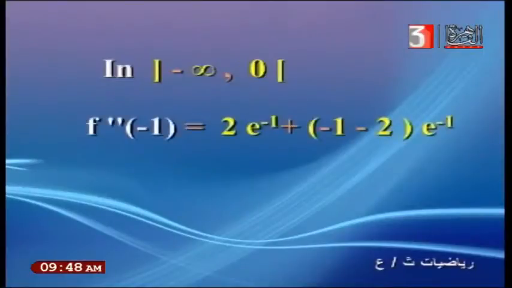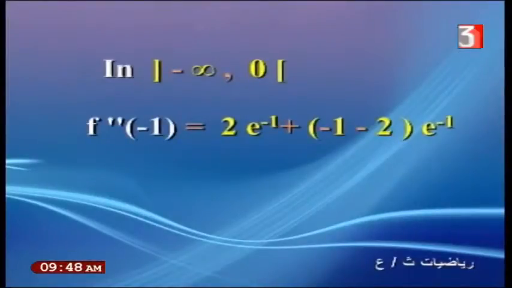The two intervals are open negative infinity to 0, and open 0 to infinity. In the first interval, open negative infinity to 0, we choose a number that belongs to this interval, say negative 1, and substitute in f double dash x.